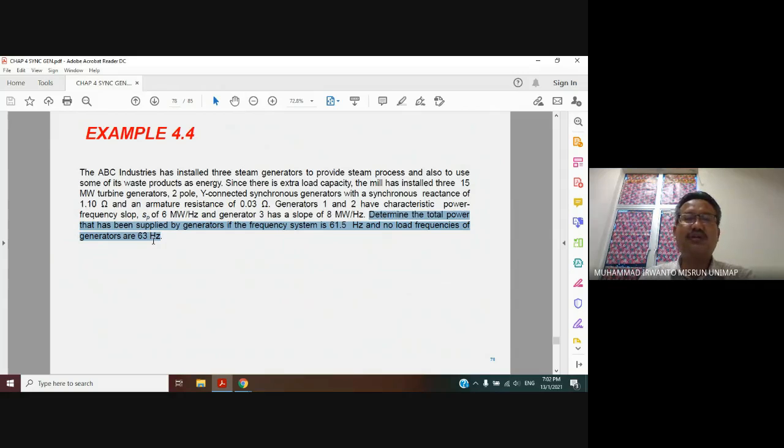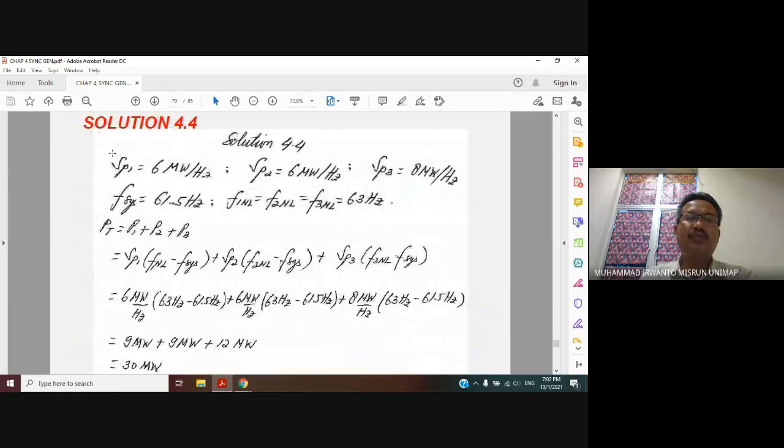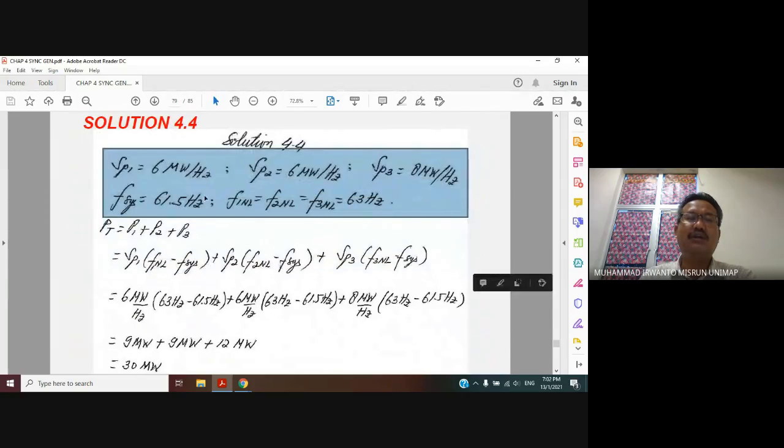We want to find the total power. It is 3 generators. So from the question, SP1 is 6 megawatt per hertz, SP2 is 6 megawatt per hertz, SP3 is 8 megawatt per hertz, and the system frequency for the 3 generators is 61.5 hertz, and the no load frequency for generators 1, 2, and 3 are the same.